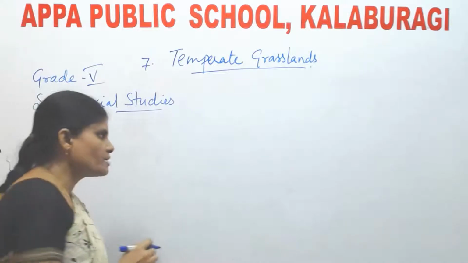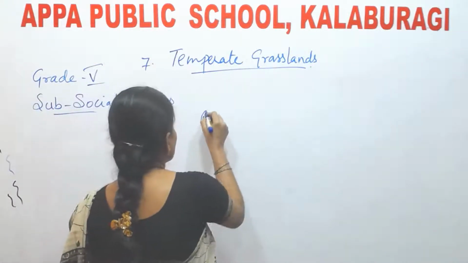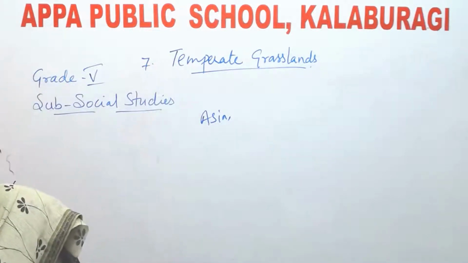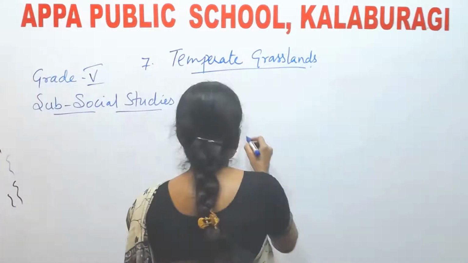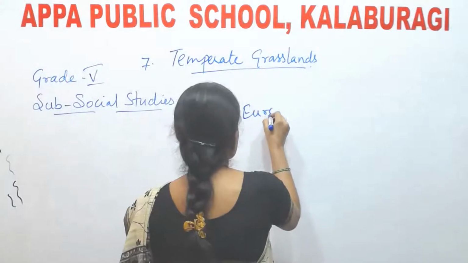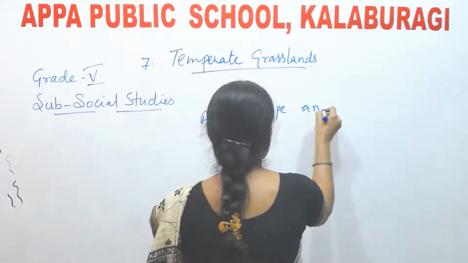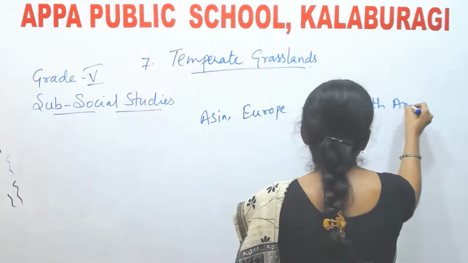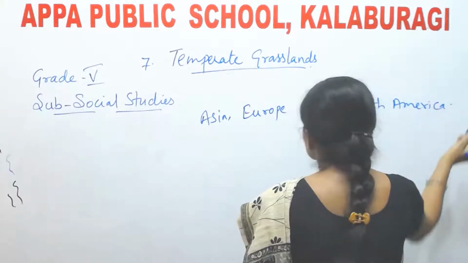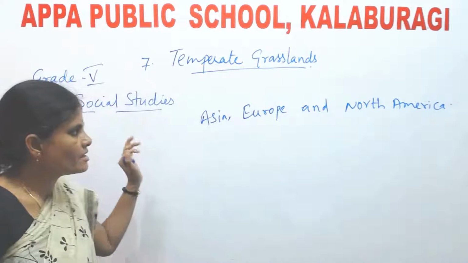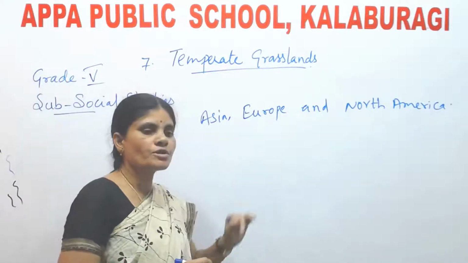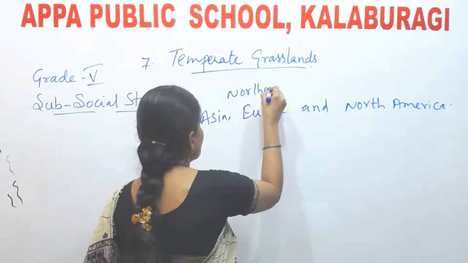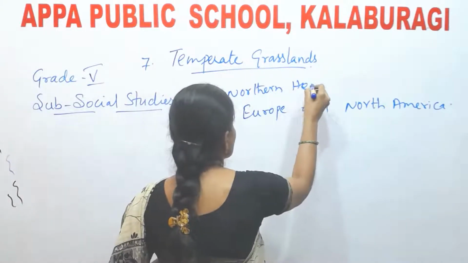See, in northern hemisphere they are located in Asia, Europe and North America. Where are the grasslands located in northern hemisphere?